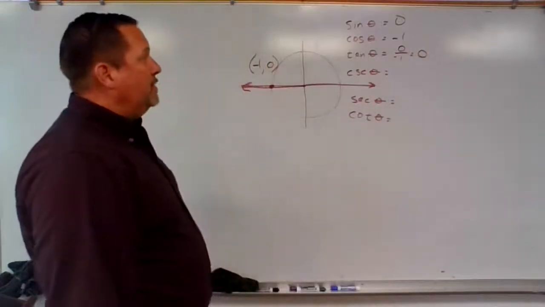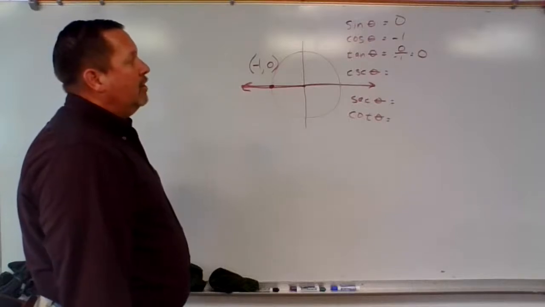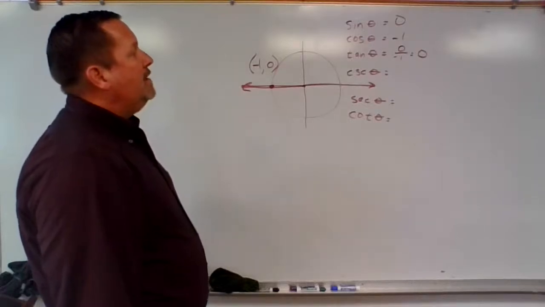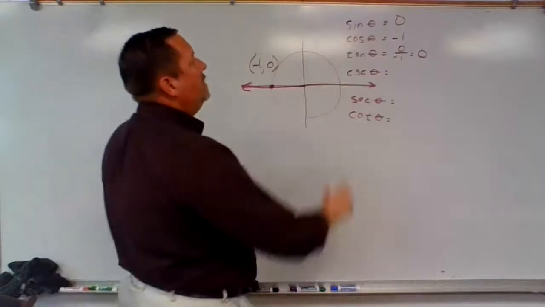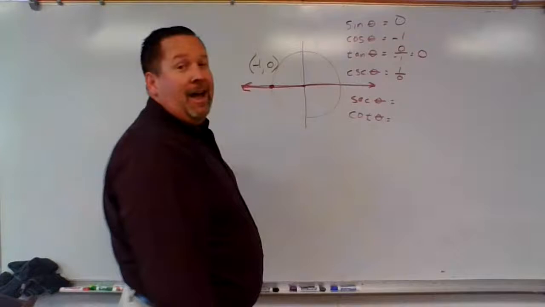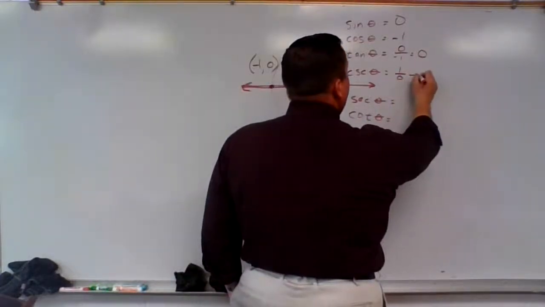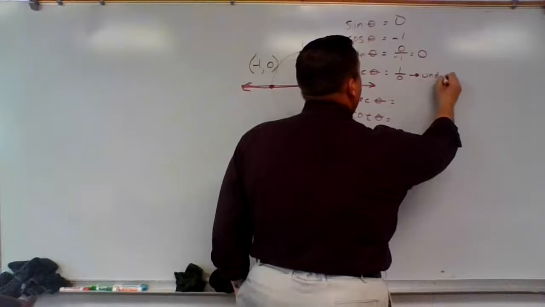I can have a fraction with 0 at the top. It's just equal to 0. All right, now they get a little tricky. Cosecant is 1 over sine, or 1 over 0. That I'm not allowed to have. And so we're going to say this is undefined.